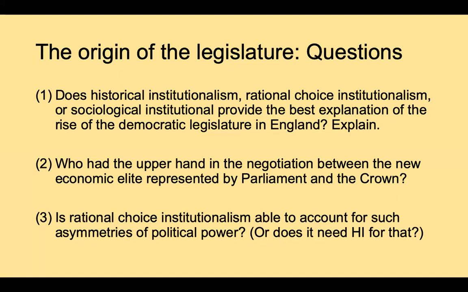The Crown does have an interest in getting revenue and does have the power to empower the Parliament and create an institutional arrangement that might give it the money that it needs at the expense of giving up a little bit of its authority. You can see then how historical institutionalism and rational choice institutionalism can help us to understand this story.